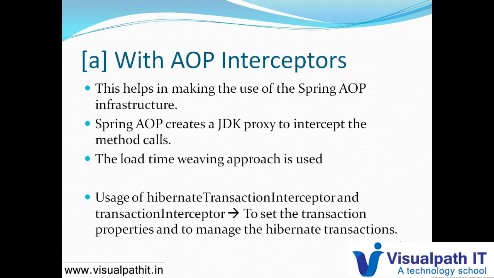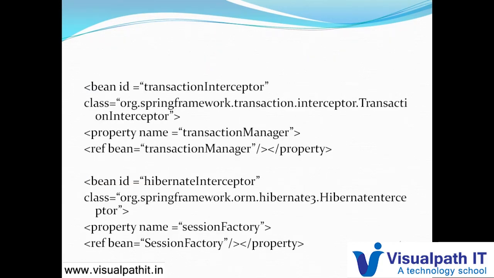So how is it done? Here we need to understand two important things: the transaction interceptor and the hibernate interceptor usage. Both are bean names taken from the classes org.springframework.transaction.interceptor.TransactionInterceptor and org.springframework.orm.hibernate3.HibernateInterceptor.